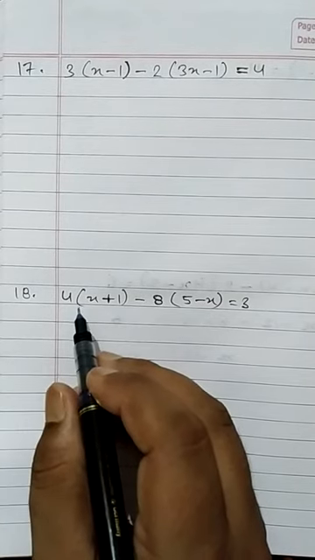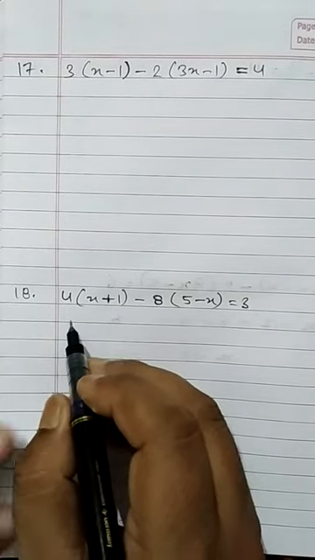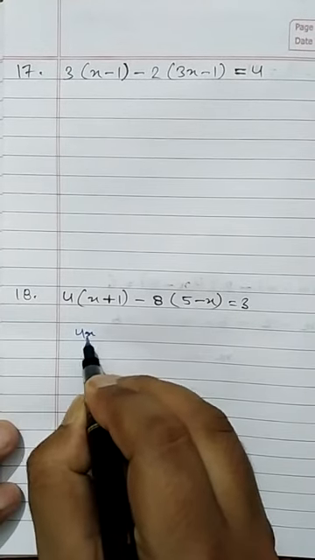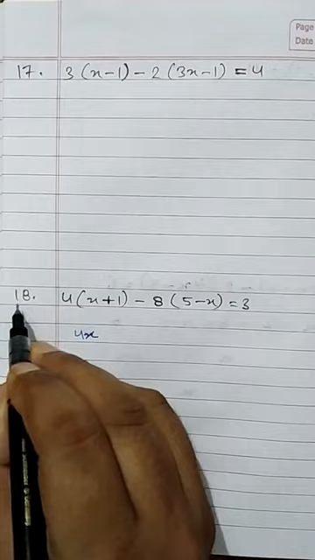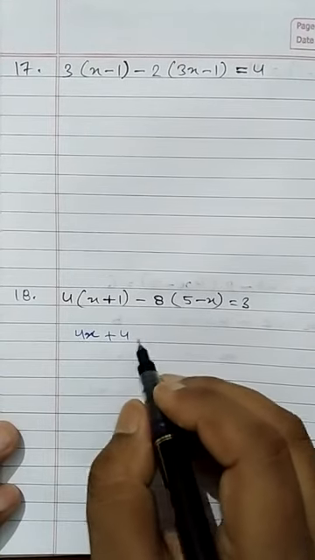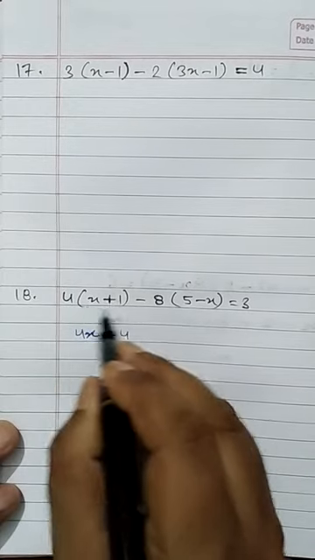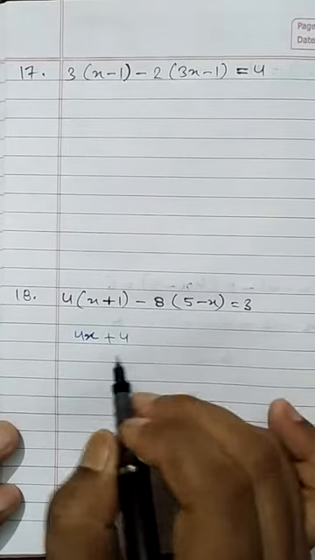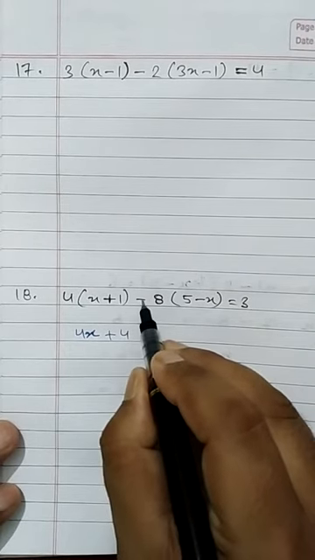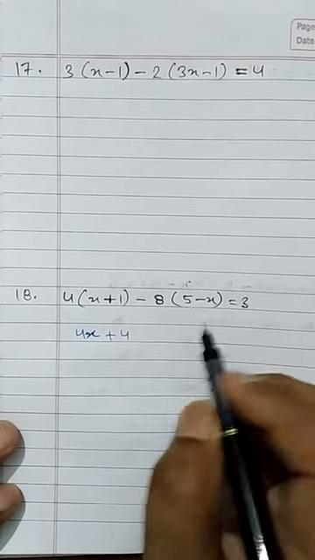Likewise, I'm going to open the bracket first. 4 into x gives you 4x. 4 into 1 gives you 4. There is a positive sign, so there will be no change in the sign inside the bracket. There is a negative sign outside the bracket, so this negative sign will change the sign of these two.